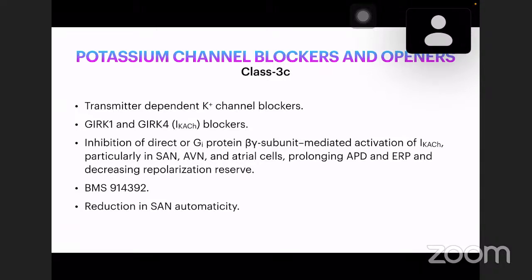The drug name is not given, only the code is given, that is BMS 914392 is the drug code. The name is not yet available. This class of drugs only reduces the sinoatrial node automaticity.